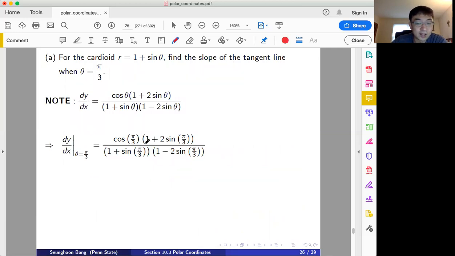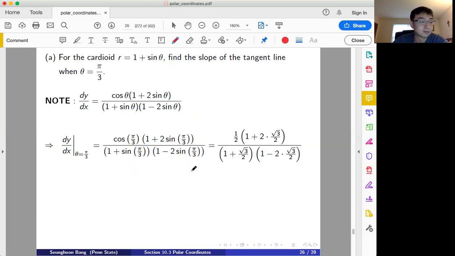So what is cosine pi over 3? What's cosine pi over 3? Yep, 1 over 2. What's sine pi over 3? The square root of 3 over 2, you're right. The sine pi over 3 is the square root of 3 over 2. So we have it like this.